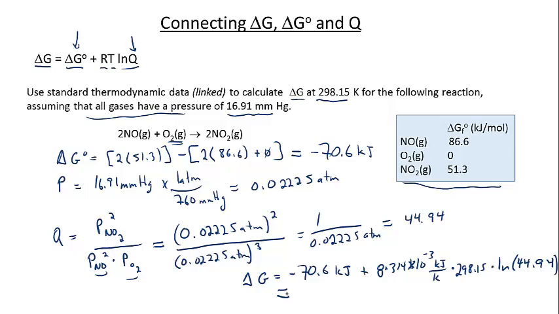And when we do that, we come up with minus 70.6 kilojoules plus 9.43 kilojoules, which comes out to minus 61.2 kilojoules. So notice that the fact that Q is greater than 1, the fact that Q is never mind. Okay.